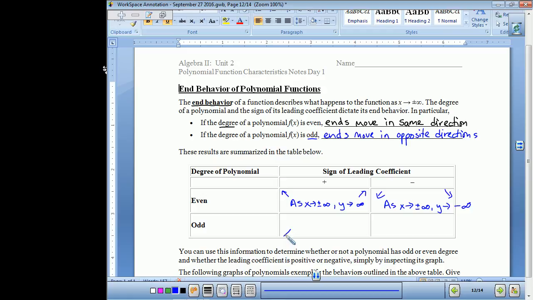Alright, versus odd. If the degree of the function is odd and the leading coefficient is positive, it falls to the left and rises to the right. So we have to split it up here because it does different things. So as x approaches negative infinity, y approaches negative infinity. And as x approaches positive infinity, so does y.